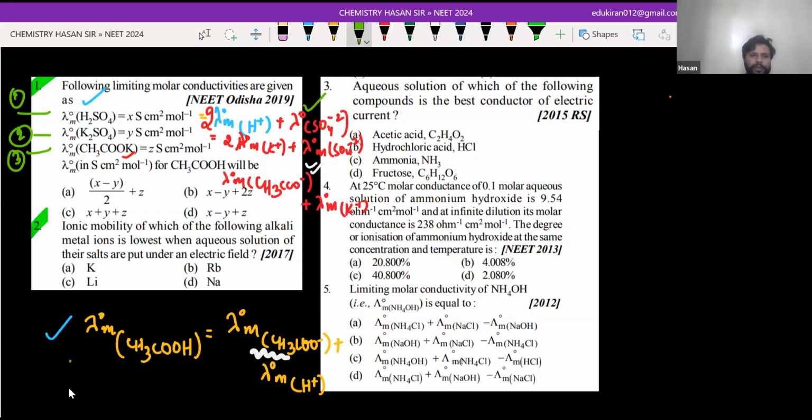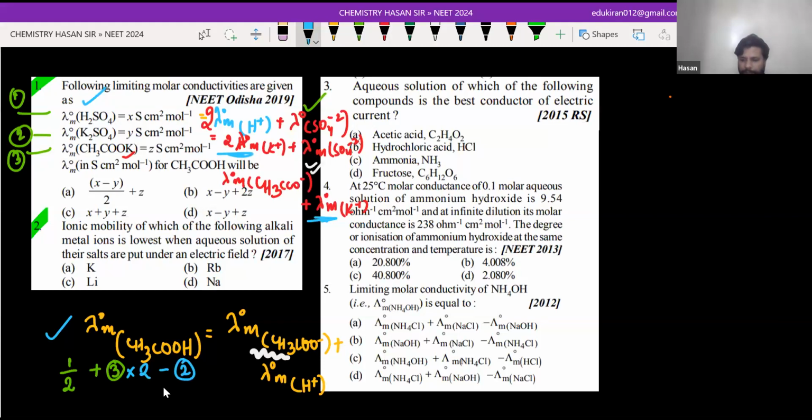You divide equation 1 by 2 and add it into the third equation. Also, you don't need K plus. There is 2K plus in the second equation and only 1K plus, so you multiply this by 2 and subtract the second equation.